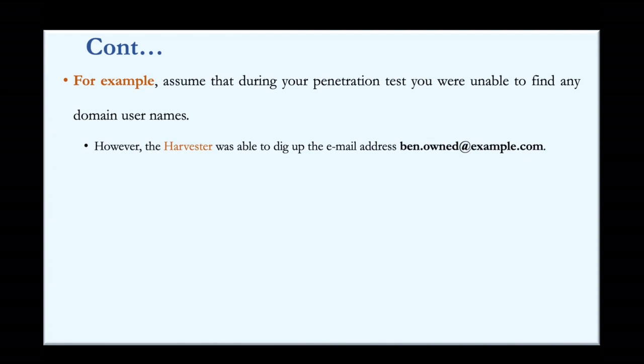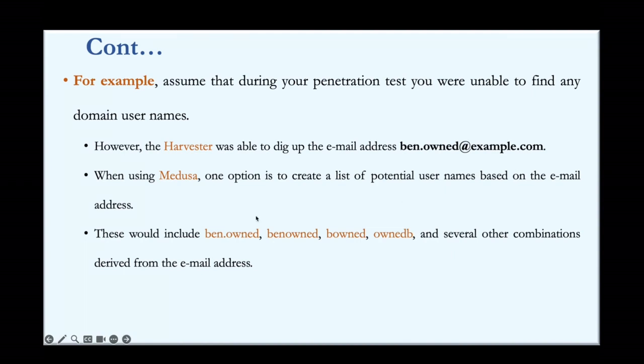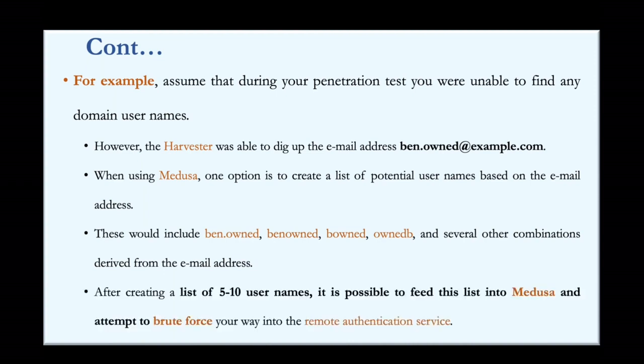So when using Medusa, one option is to create a list of potential usernames based on these email addresses. You may find ben.owned, or benowned without the dot, or b.owned, or owned.b, or owned.ben, and several other combinations derived from this email address. After creating a list of 5 to 10 usernames, it is possible to feed this list into Medusa and attempt to brute force your way into the remote authentication service.